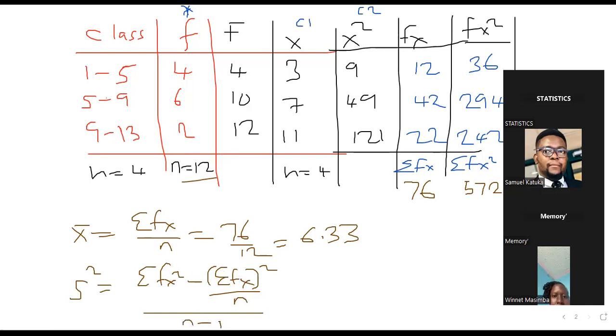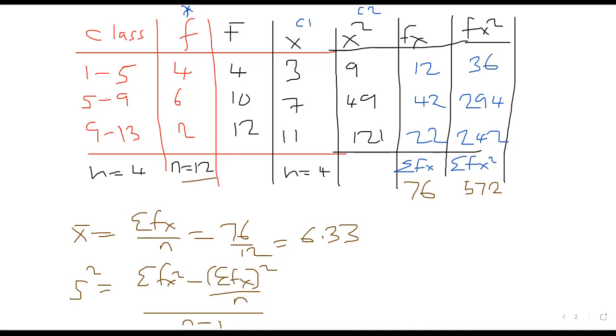So in this case, our summation of fx squared is 572, our summation of fx is 76 to the power 2 over n, which is 12, everything over n minus 1, and our n in this case is 12.